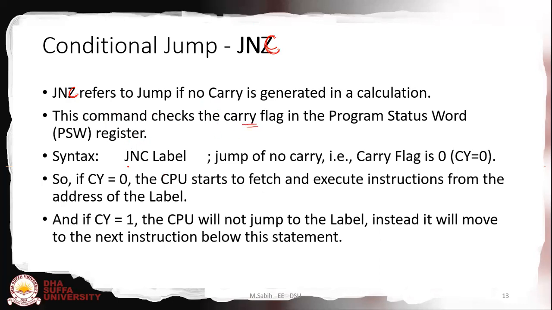The syntax is quite simple, but behind the scenes it goes and checks the carry flag, and it helps us in different calculations. If the carry flag is 0, the CPU will start fetching and executing instructions from the address of the label. If the carry flag is 1, the CPU will not jump to the label. Instead, it will move to the next instruction below this statement.